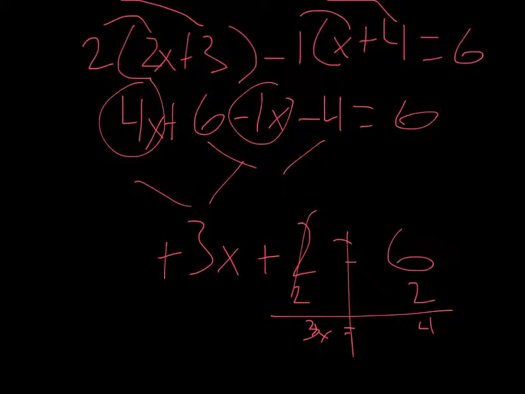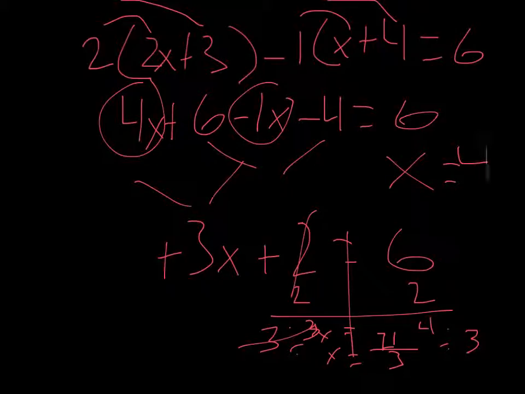Now, let's divide 3 by 3, cancel that out, x, and 10 by 3. And your answer is 10 over 3. x equals 10 over 3.